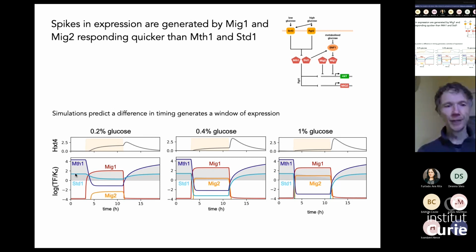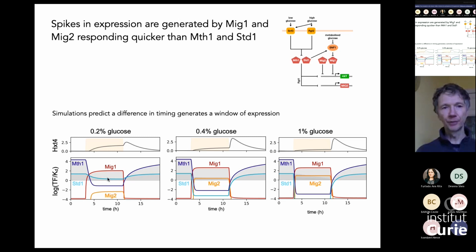All right, so given that setup, we can look to see how the transcription factors' activity is changing over time and with different concentrations of glucose. In this region where I have no expression, MTH1 is very active, STD1 is also active, and I have no MIG1 and MIG2, they're out of the nucleus. When we add glucose, MTH1 is inactivated, in this case degraded, and starts to fall, and MIG1 becomes activated and moves in.